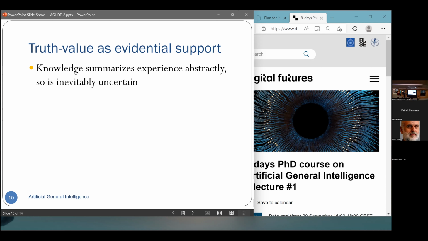So very often it's uncertain, because the same pattern or regularity you summarize from experience agrees with part of experience but disagrees with another part. That's where uncertainty comes from in the first place. The second point: even if it completely agrees with all of your experience, there is still something called the future, right?